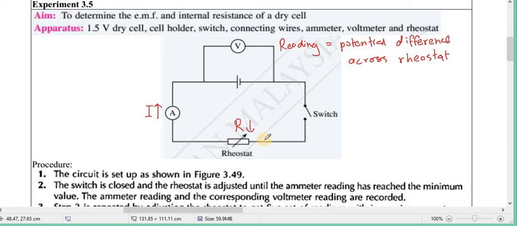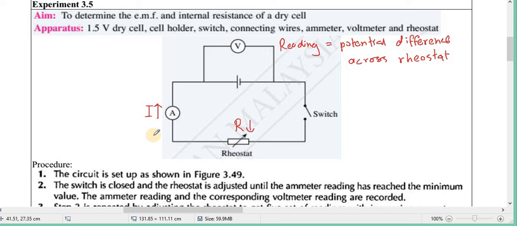So when the resistance of the rheostat becomes smaller, the total resistance of the whole circuit will also become smaller and smaller. So the total current inside the circuit will become higher and higher, right? Resistance goes down, current goes up, right?